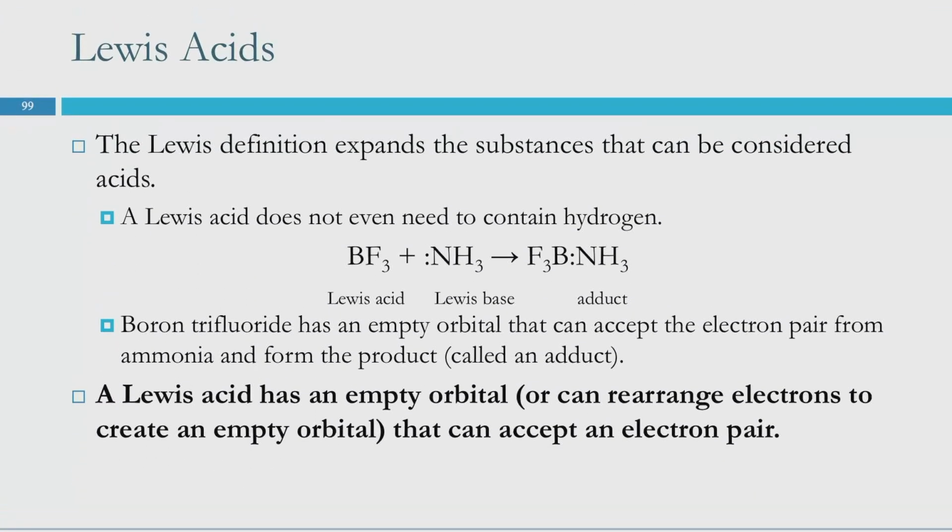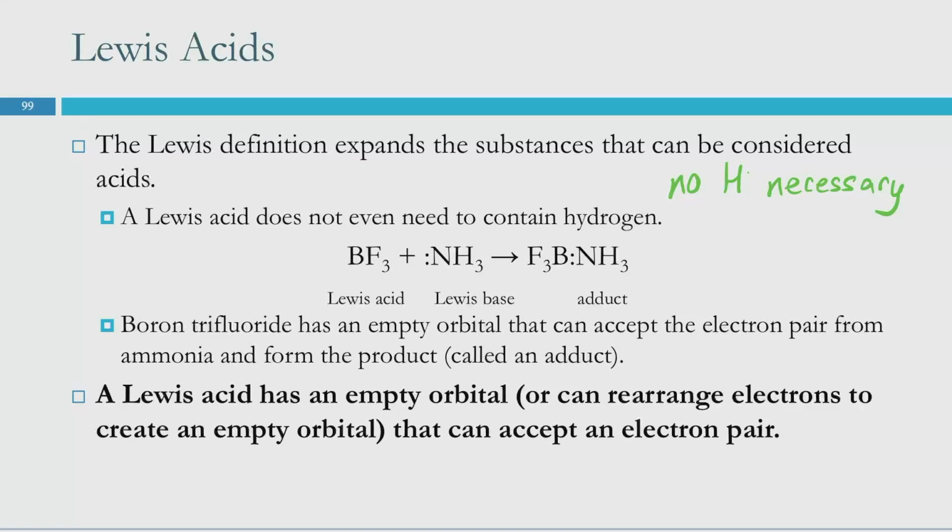So again, our Lewis definition expands what we can consider acids. Our Lewis acids don't even need to contain hydrogen. So that's one way that the Lewis system is helpful for us.